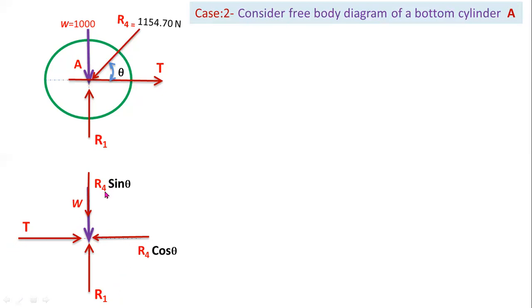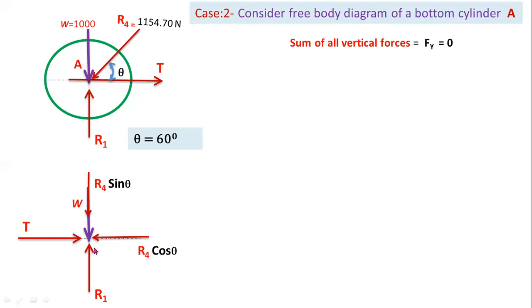Already we know the value of R4. From case 1 we got the value of R4 equal 1154.7 newtons. Here theta equal 60 degrees. Now resolve all the forces along the vertical axis. There are 3 forces acting on the vertical axis.